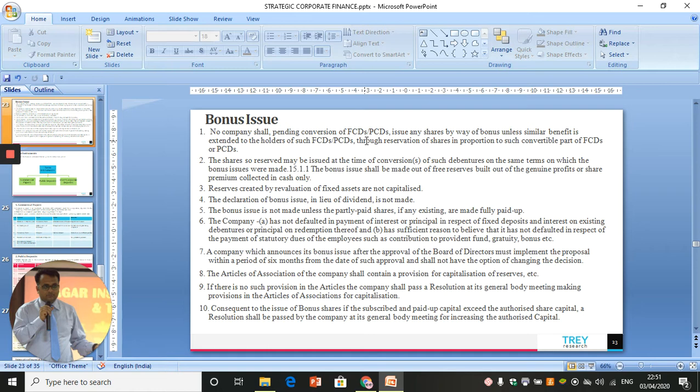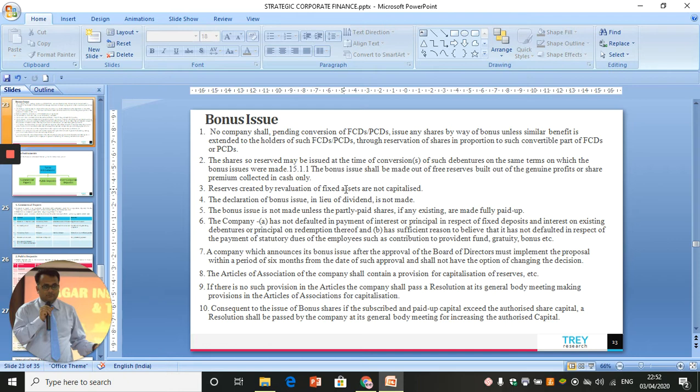So what companies do, they give a facility to the debenture holder that after a period of time you will be made a shareholder of the company, and your debentures will be converted into equity shares. So the company cannot just keep on issuing bonus shares and keeping its convertible debentures on hold. The shares so reserved may be issued at the time of conversion of such debentures on the same terms on which the bonus shares were made.